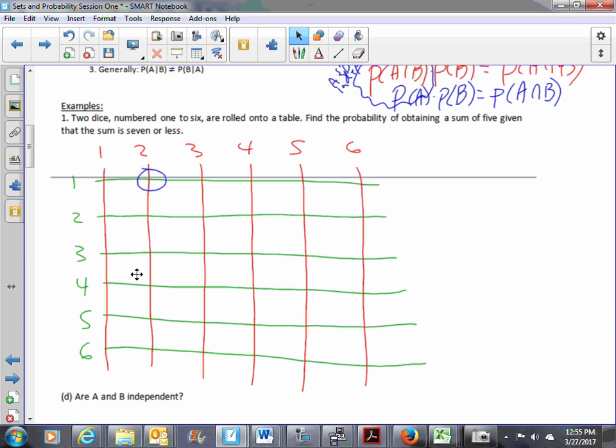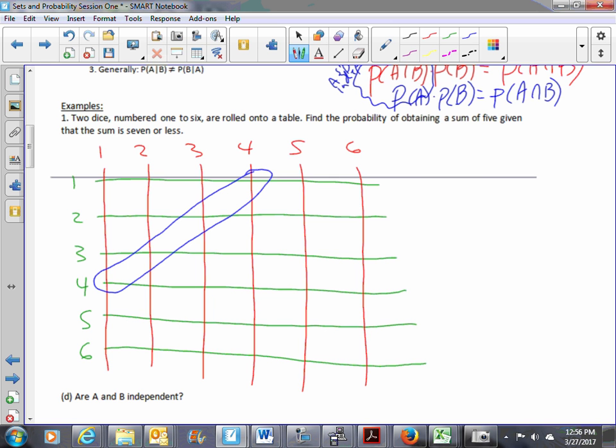Now, if you think about this a little bit, a sum of 5 would be a 4 on the red die, a 1 on the green die, a 3 on the red die, a 2 on the green die, a 2 on the red die, a 3 on the green die, or a 1 on the red die and a 4 on the green die. In other words, it would be this diagonal here. And there are 4 points in that sample space.